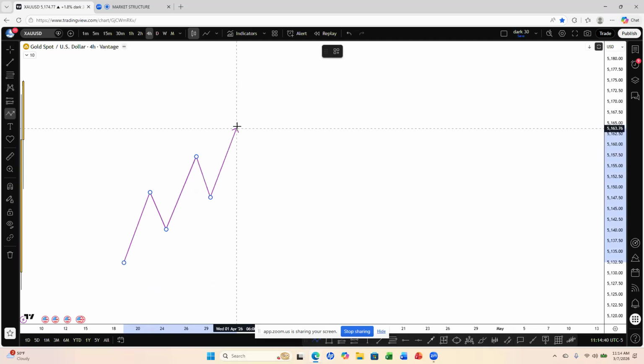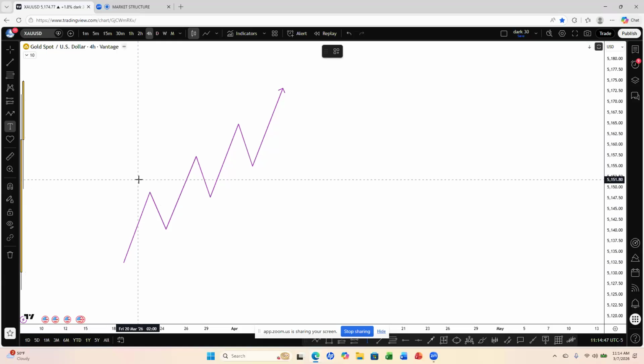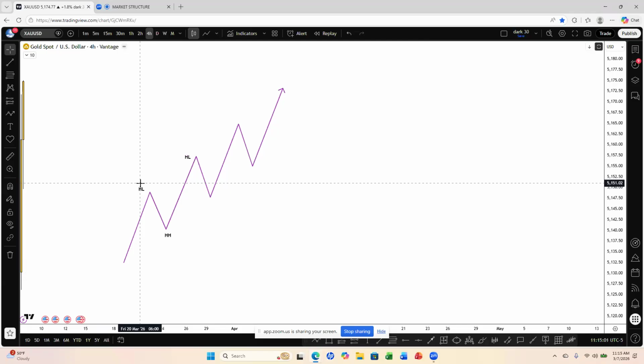So it goes like this. This is the uptrend that the market moves in. So you have the higher low, then you have the higher high, and so forth and so on. Same thing, high, low, high. So basically, this is the high, I mean the high, not the higher low.